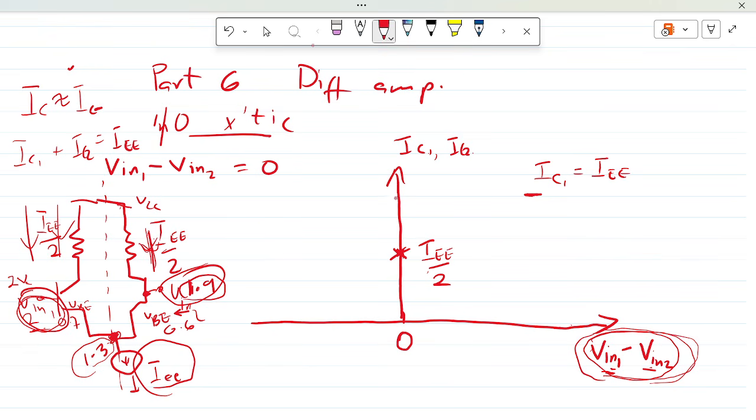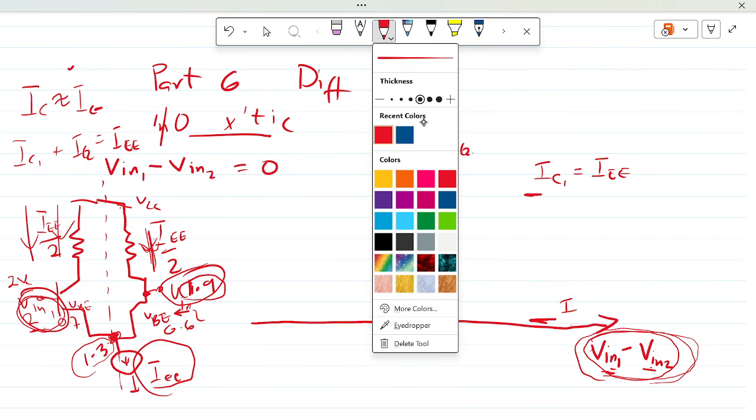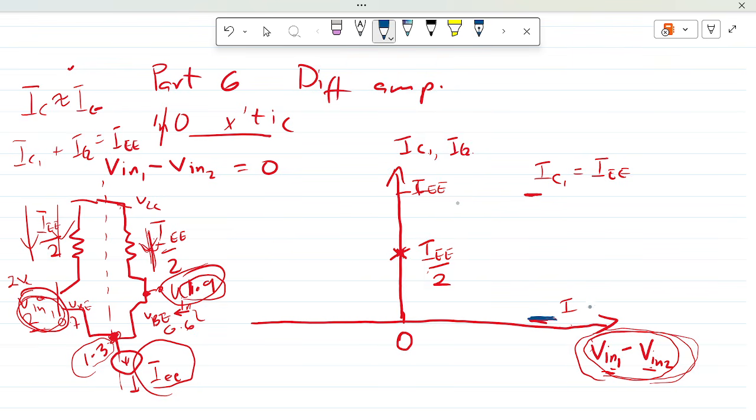So then this value has to be IEE. And during that time, IC2 has to be 0. So this is a curve for IC1, and let me change, IC2 would have to be 0.